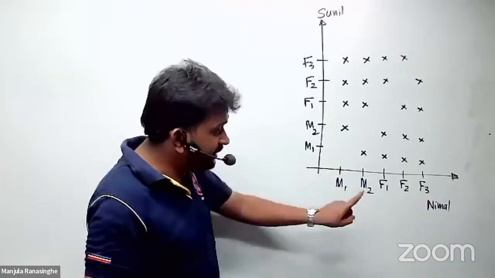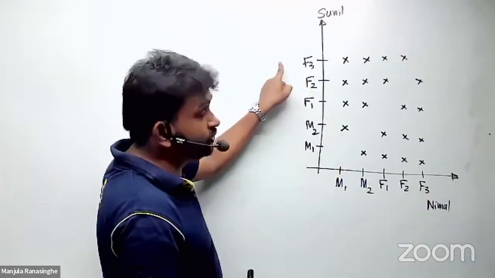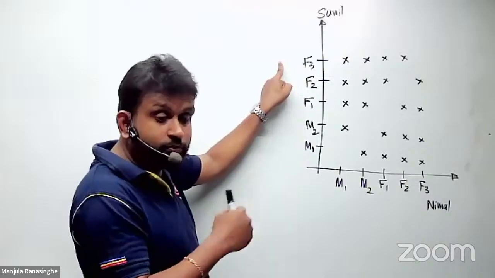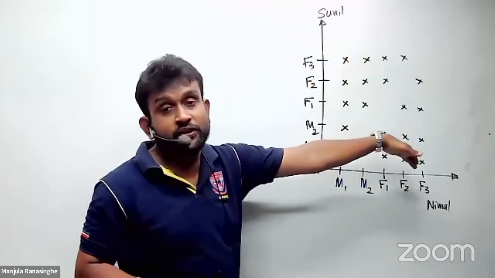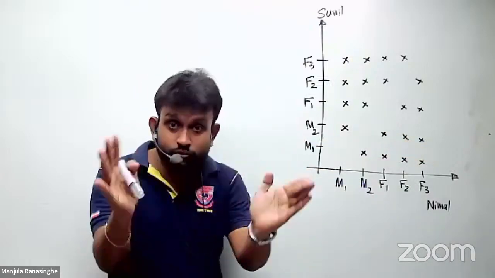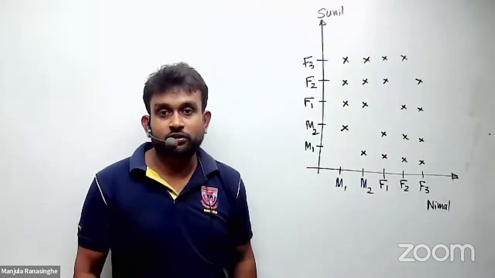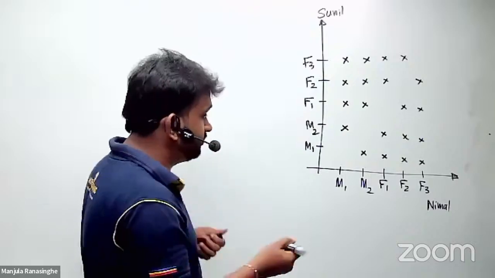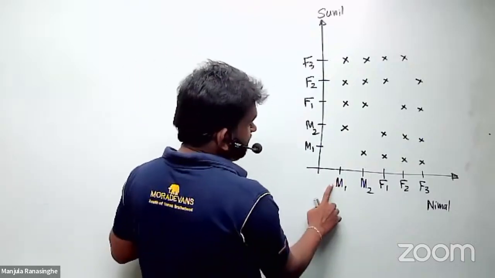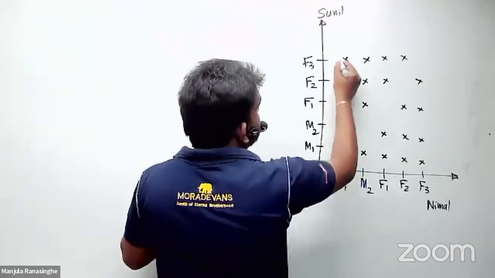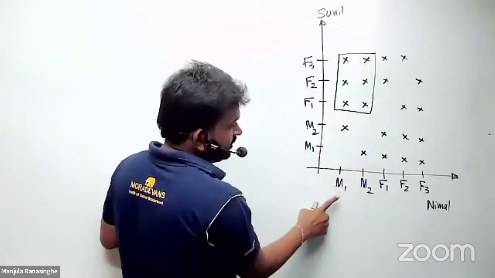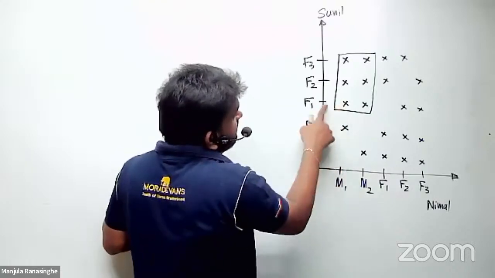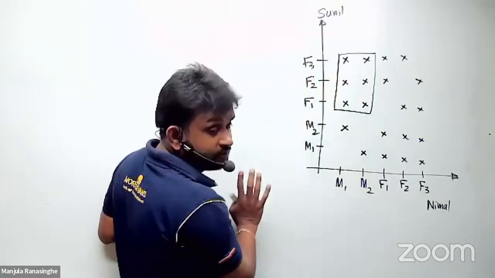Nimal can take a male and Sunil a female, or optionally Sunil can take a male and Nimal a female. However, the case must be mixed, not having the same animal. So I prefer M1 taken here and F2 here. This represents Nimal taking a male animal and Sunil taking a female animal.